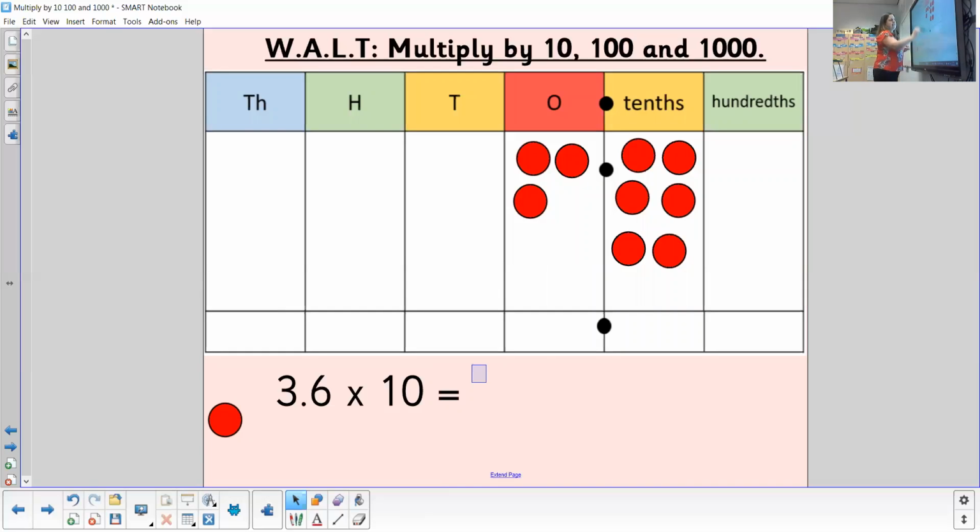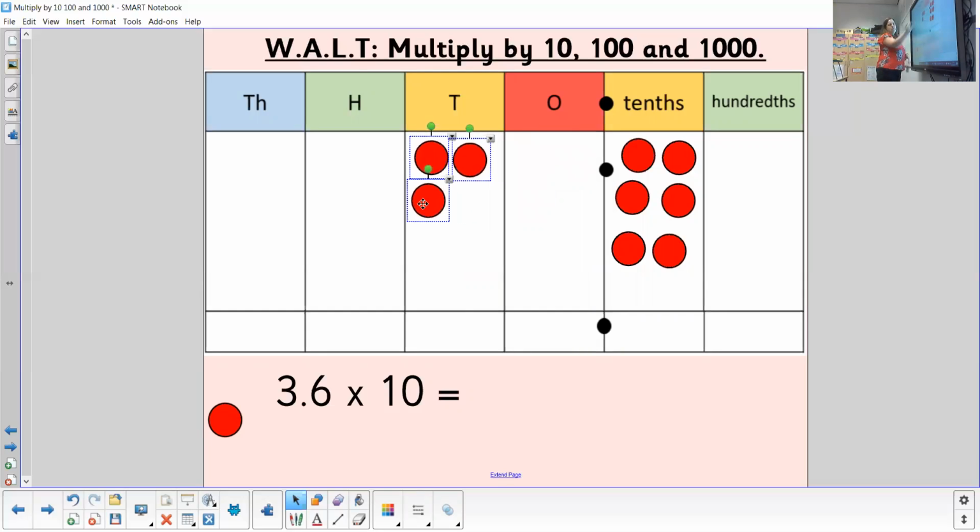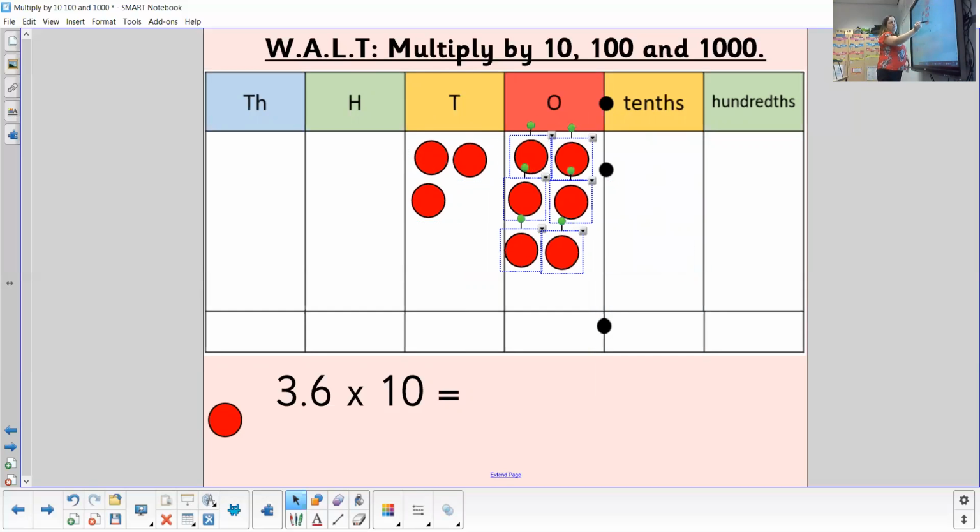So I'm going to select my 3 ones, times them by 10, they're going to move up the column. Then I'm going to get my 6 tenths, times it by 10, they are moving up the column. So I now have the answer, got 3 10s and 6 ones, so it is 36.